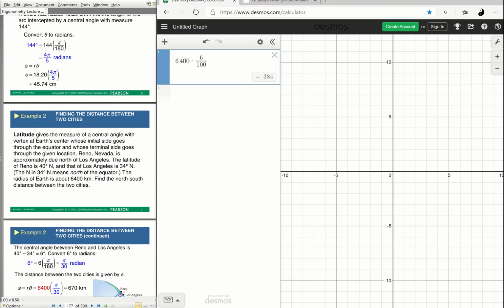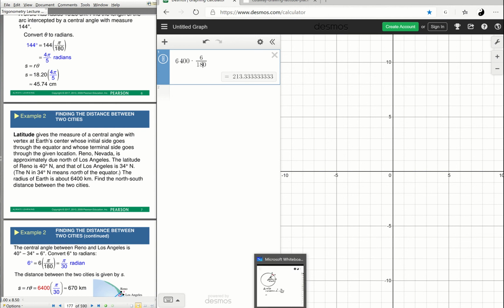Okay, so let's fix that. So 180, and we get 213.33, or basically 3 bar, right? That's a repeating decimal, so we know it's a rational number.